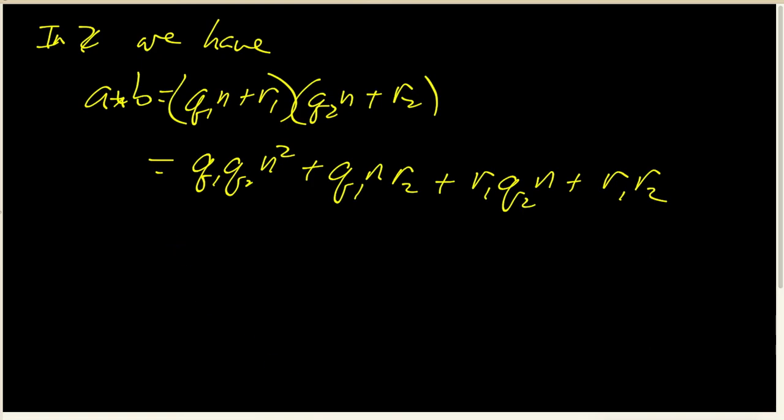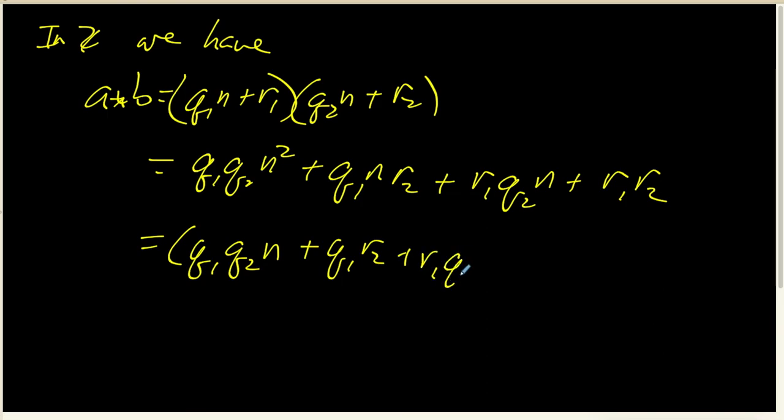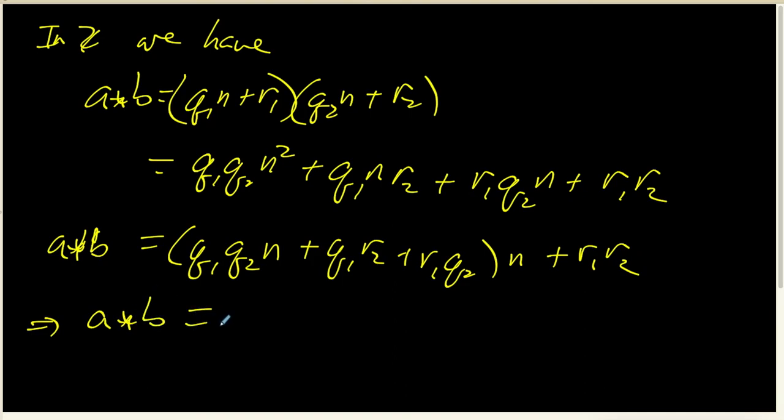And what I want to notice is that we have an n that can be factored out, and when we factor that n out, we're going to have q1 times q2 times n plus q1 r2 plus r1 q2 times n plus r1 times r2. And this is a times b. And that says that a times b is congruent to r1 times r2 mod n.